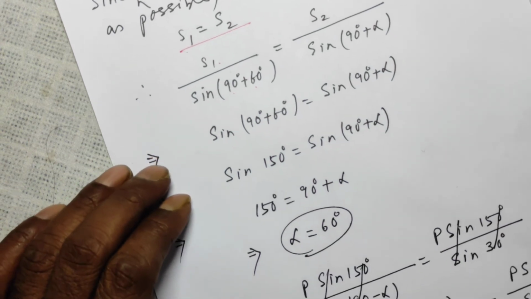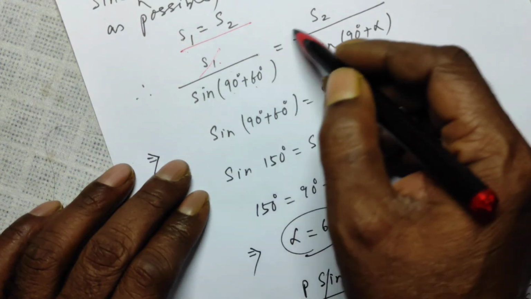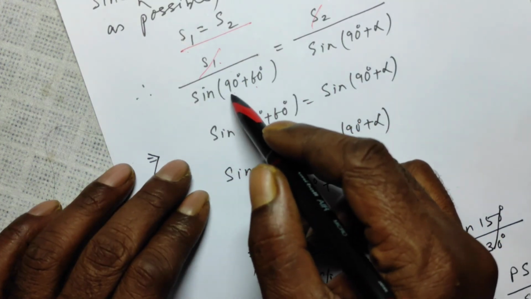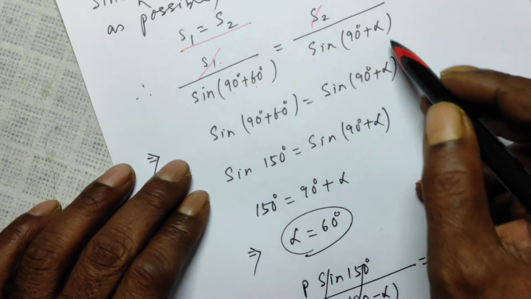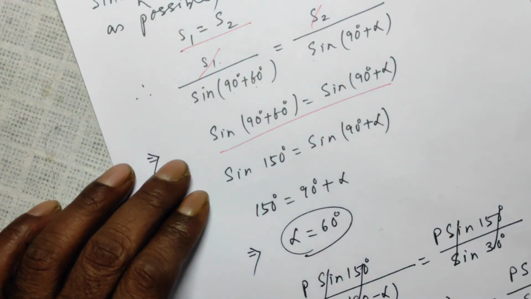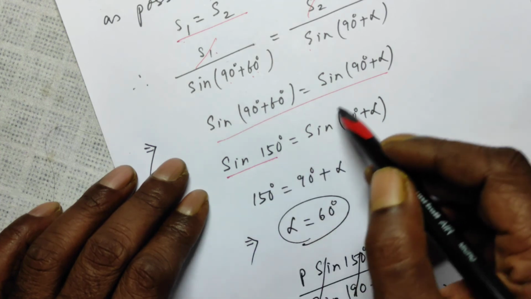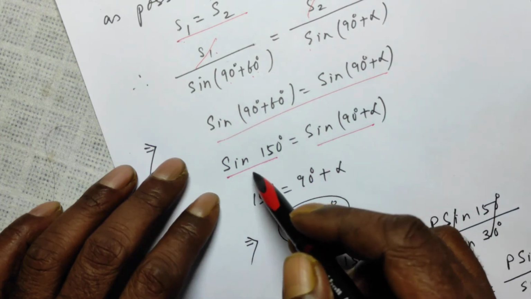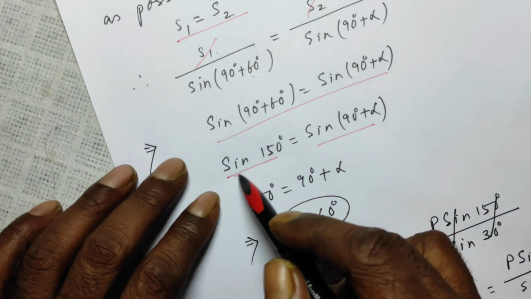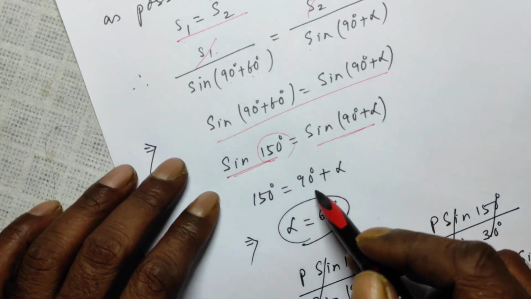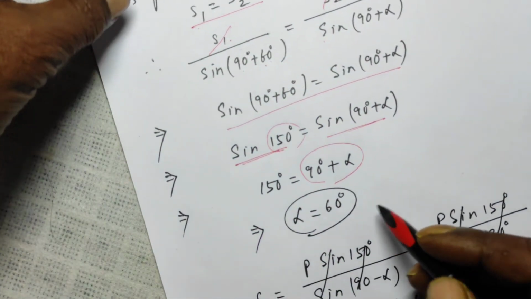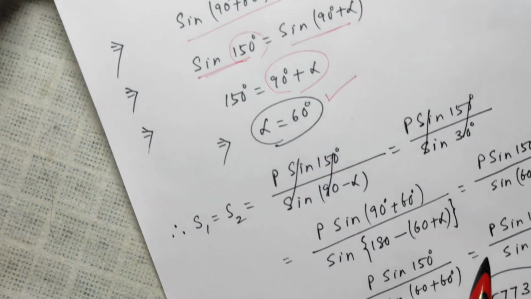These two cancel, so we are left with sine 90 plus 60 equal to sine 90 plus alpha. Sine 90 plus 60 is sine 150; taking the inverse of the function, 150 is equal to 90 plus alpha. So alpha is equal to 60 degrees.